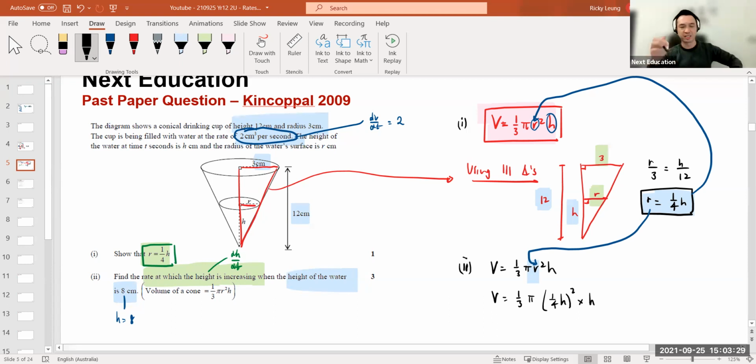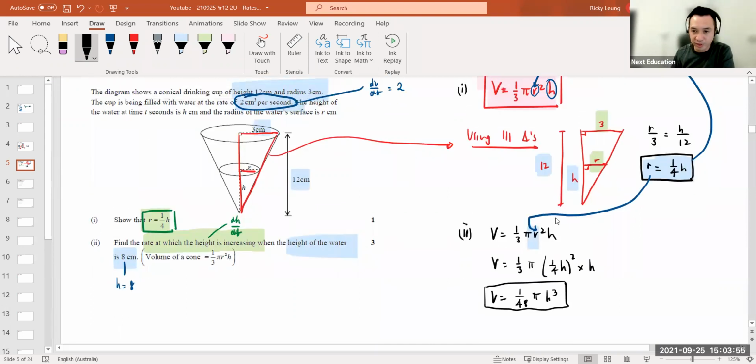The biggest concept is that on the right-hand side, with r replaced by an expression of h, I only have h as a variable; pi is constant. So volume equals a third times 1 on 16, so 1 on 48 pi h cubed. Perfect. That is the expression that I'm going to differentiate with respect to t.